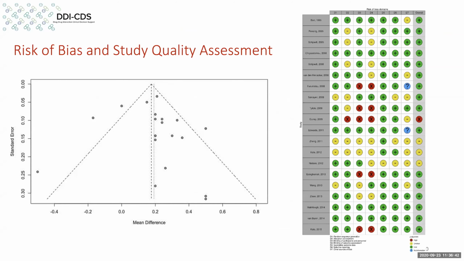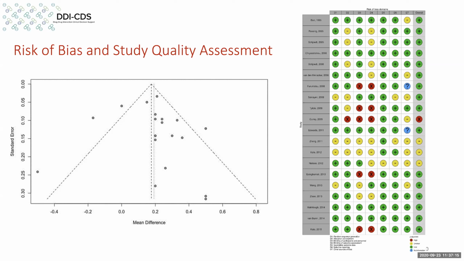As I said at the very beginning, we also controlled for risk of bias and the quality of the studies that we included. As you can see on your right, there is a tool provided by the Cochrane Library that you can use when you're running systematic reviews and meta-analyses of randomized controlled trials. In general, the risk of bias was low for 16 studies.